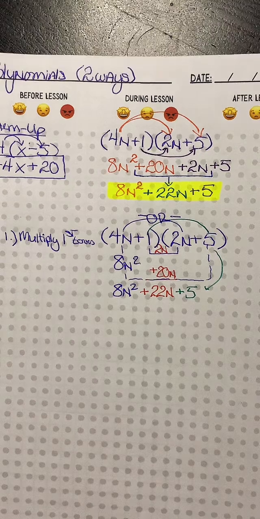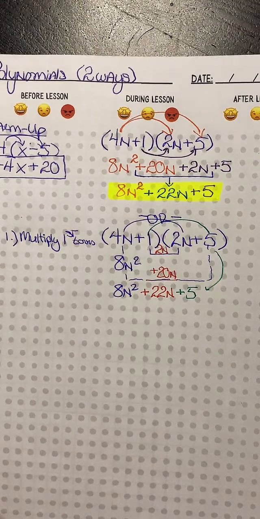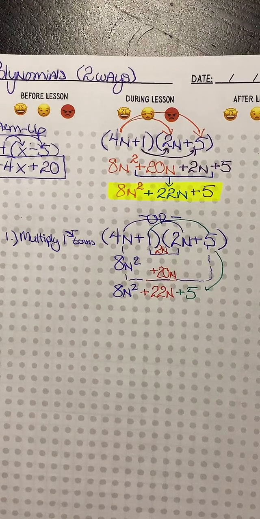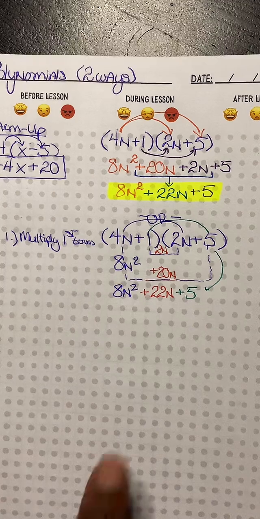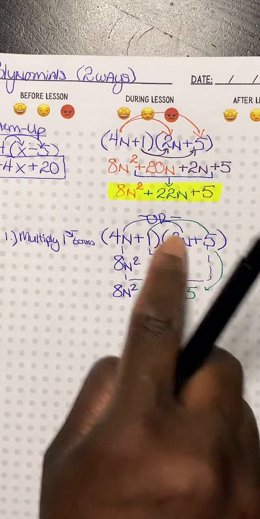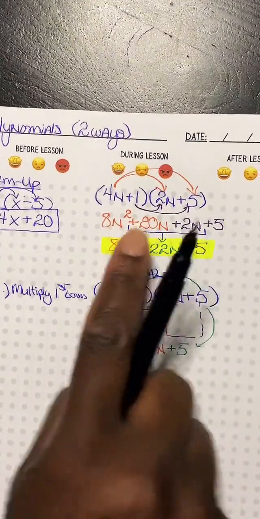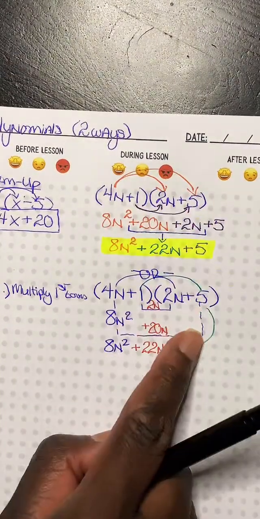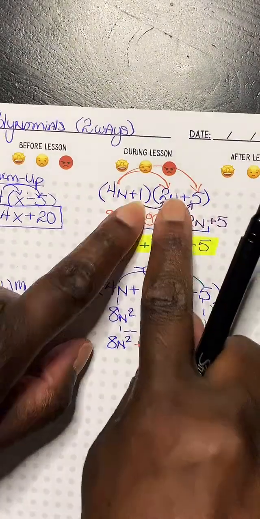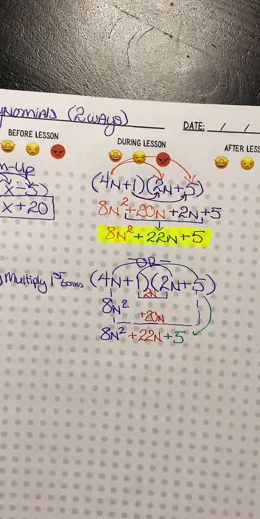Okay? So some people, yes, some people like to do that. Yes, Shakita. Yes, this is the FOIL method. It's basically the FOIL method, but they don't like to do the rainbows, just like how I have up here. Some people say, okay, multiply the first, multiply the last, and then do your brackets underneath.